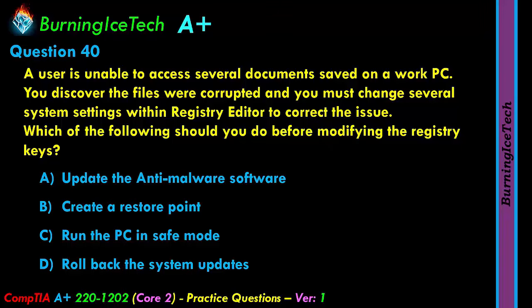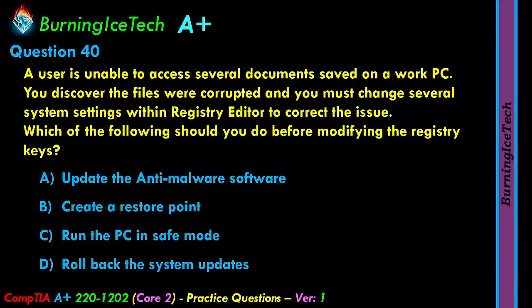Looking at answer D, roll back the system updates. Now, unfortunately, guys, rolling back system updates is not going to make any difference with files that have been corrupted. It doesn't do anything like that. So system updates, if they cause instability issues, yes, you can roll them back. But if something is corrupted, it's corrupted. It's not suddenly going to be uncorrupted by rolling back system updates.